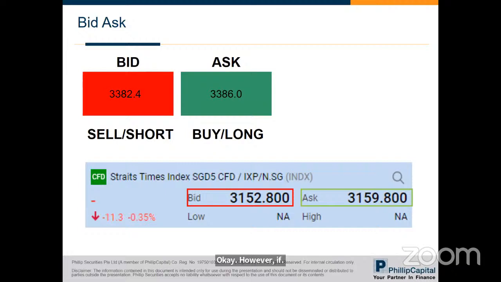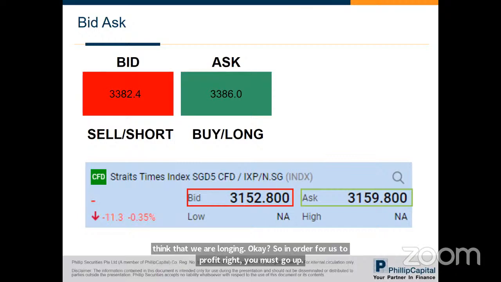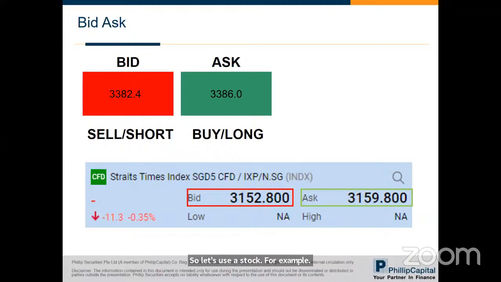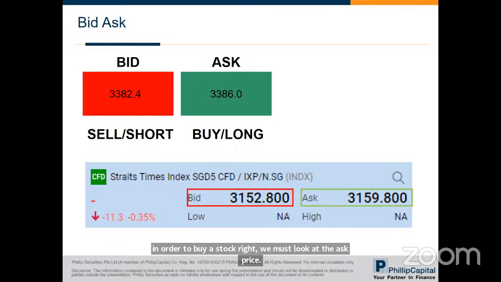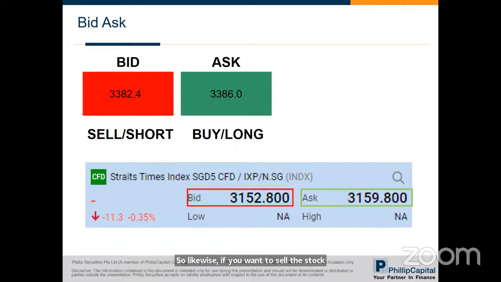So in a bullish situation, we want to long a particular thing. It means that we want to buy that thing, so in order for us to profit, it must go up. Let's use a stock for example. In order to buy a stock, we must look at the ask price. Likewise, if you want to sell or short the stock, for us to profit, the stock must go down.